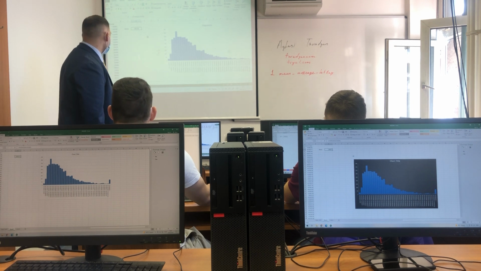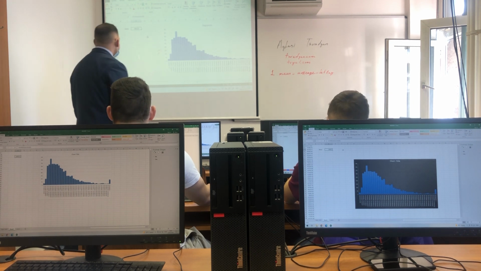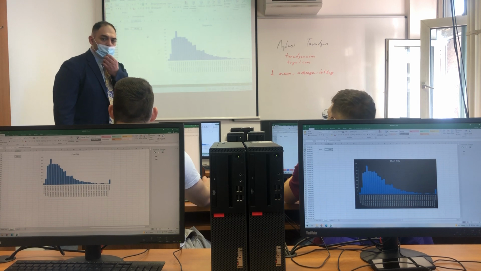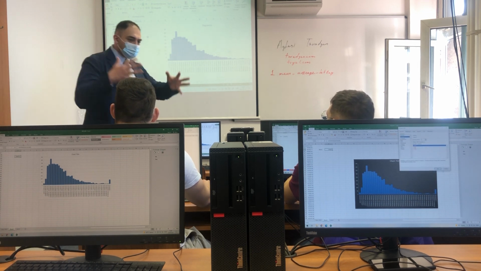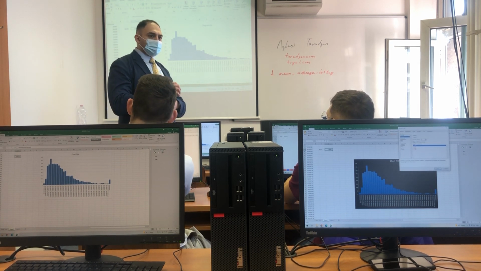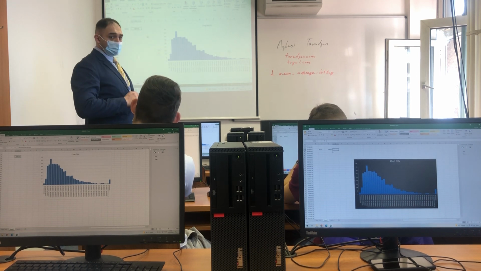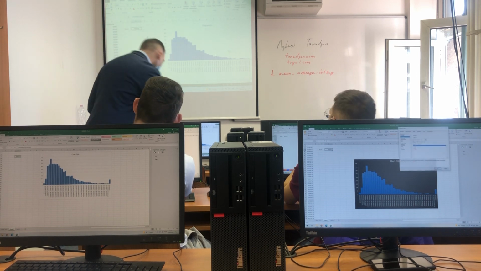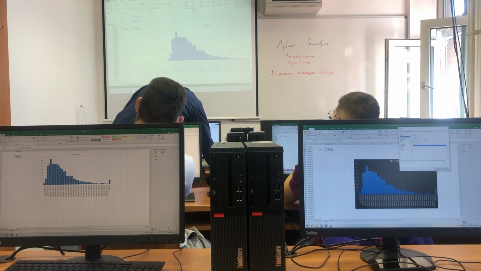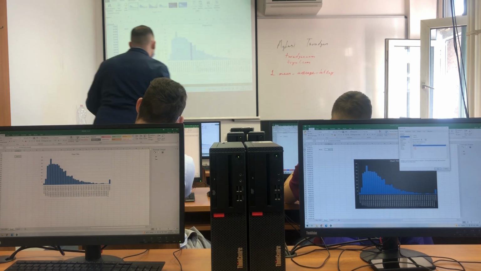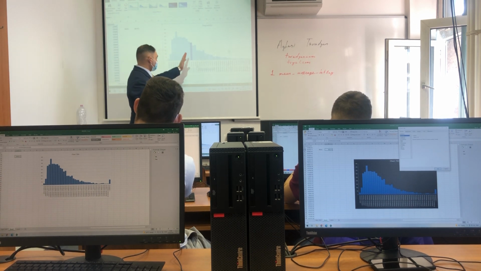Format. As you can see, the mean or the average, which was the summation of all values divided by n, is around 300,000 florins, which is somewhere here. It's here.